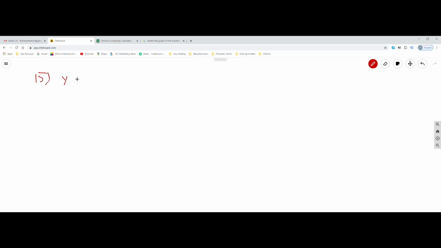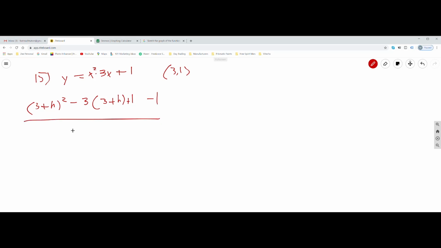So y equals x squared minus 3x plus 1. The points are 3 and 1. So you have 3 plus h squared minus 3 times 3 plus h plus 1 minus 1 over h.